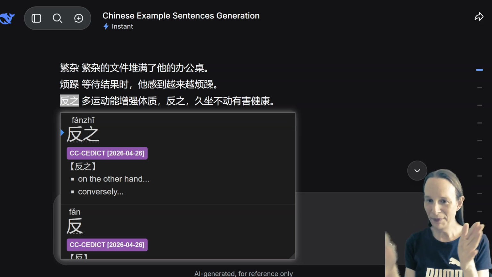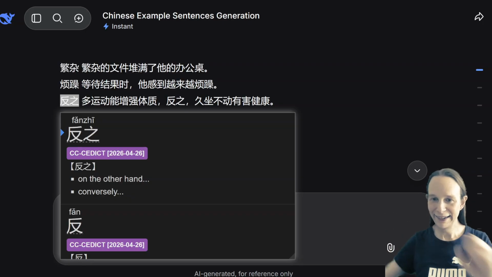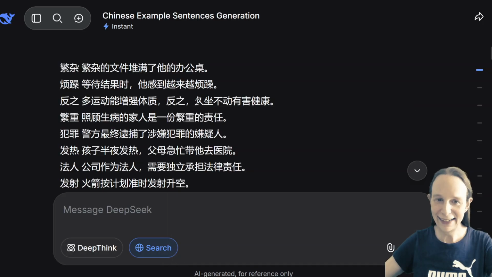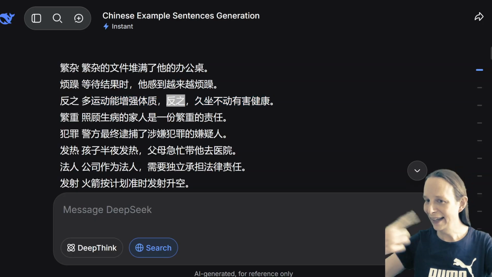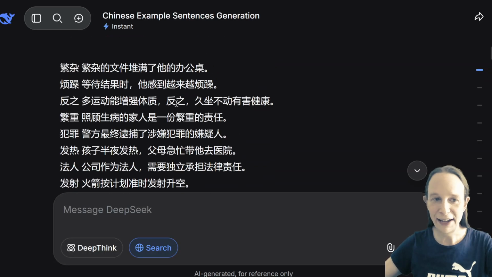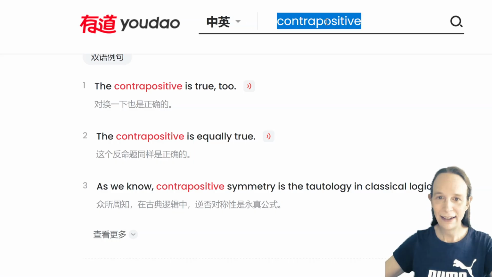So A implies B. The converse of that is not A implies not B. So it's adding additional information. You can't infer this from this. All right, 反之 and 反之亦然.